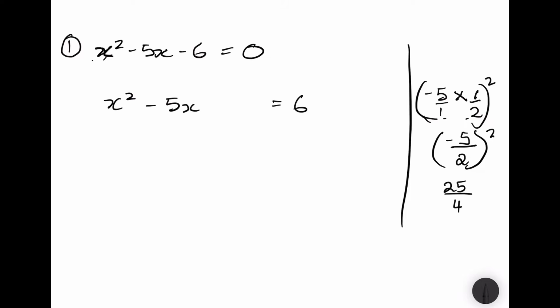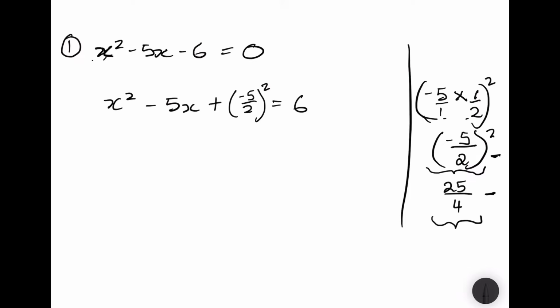But what I'd like to do is add it exactly as it appears there, as negative 5 over 2 squared, right? Remember, this and that are exactly the same thing. So then I take this and add it over here. So I'm going to say plus negative 5 over 2, all squared.